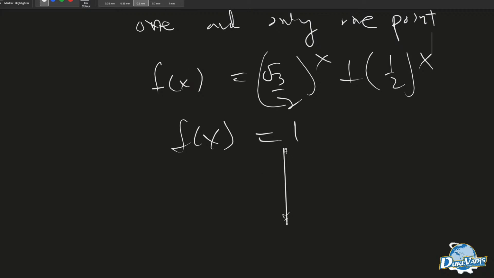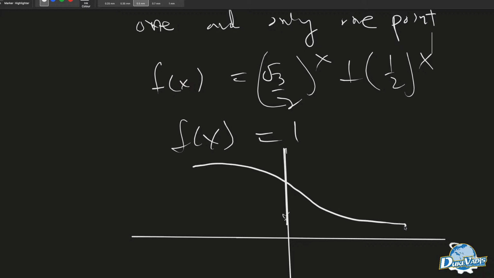If I have this and that, and this is the y-axis, when we draw such a thing over here, our equation is going to be like this. That is the function f of x. So this whole equation is the function f of x equals root 3 over 2 to the x plus half to the x.